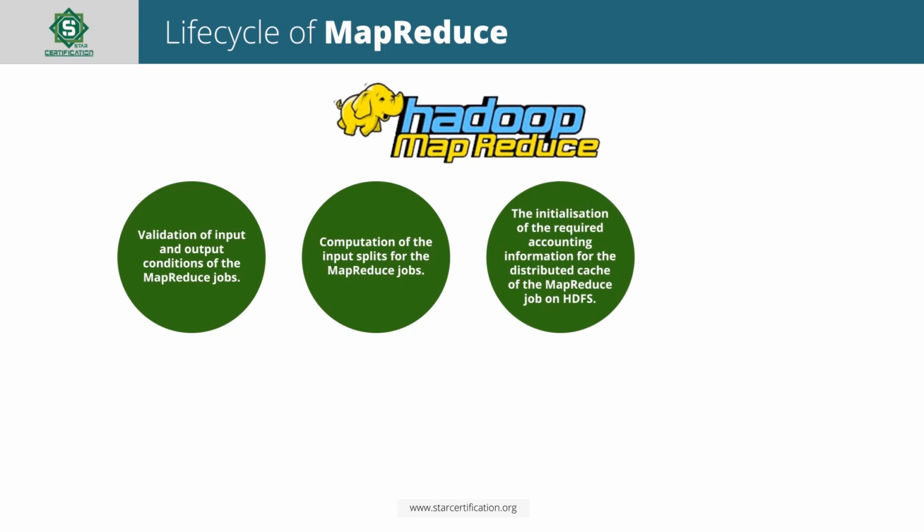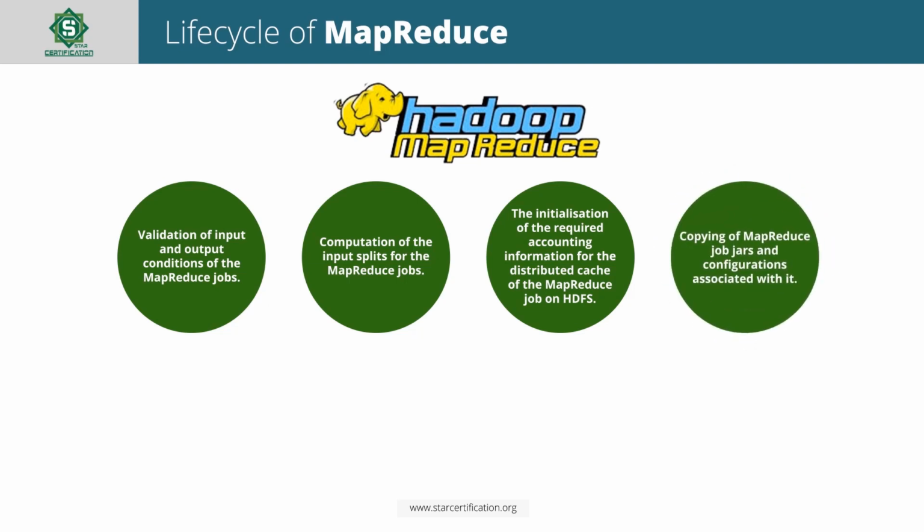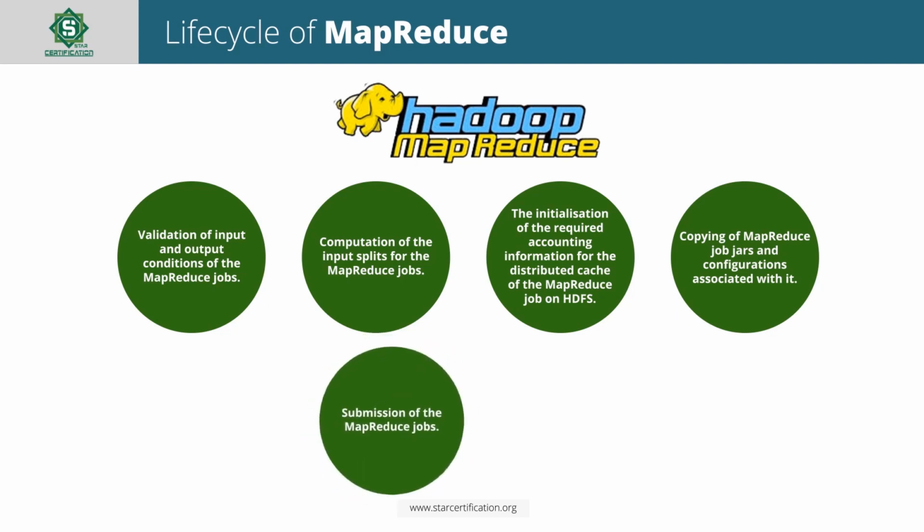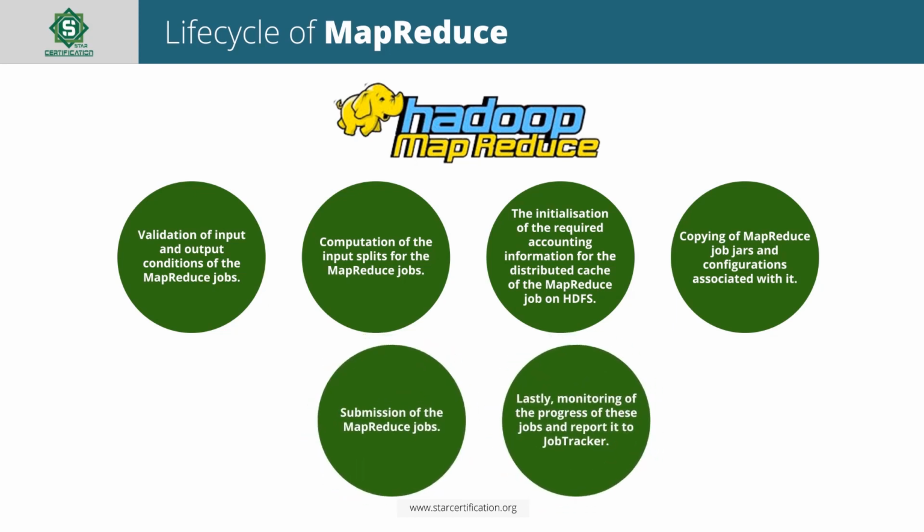Then, the required accounting information for the distributed cache of the MapReduce job on HDFS is initialized. Then, the MapReduce job jars and configurations associated with it are copied. Then, the MapReduce job is submitted. Lastly, the progress of these jobs is monitored and reported to the job tracker.